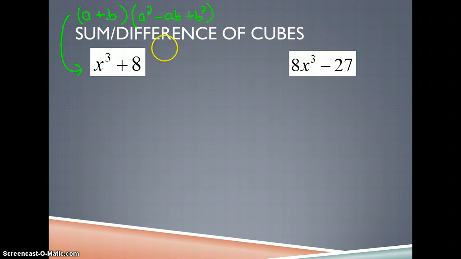A is x, b is 2. It's the cube root of each of those. So as we look at this, this is equal to x plus 2 times the quantity x squared minus 2x plus 4.